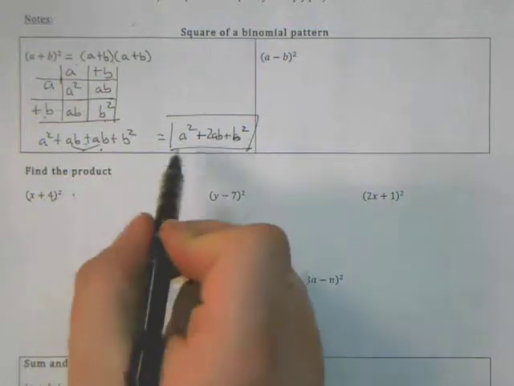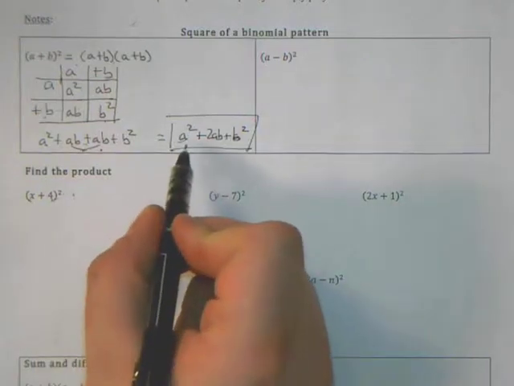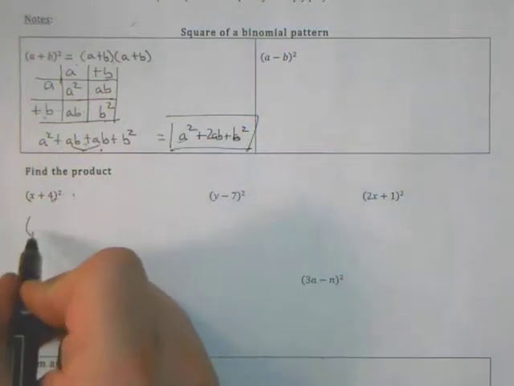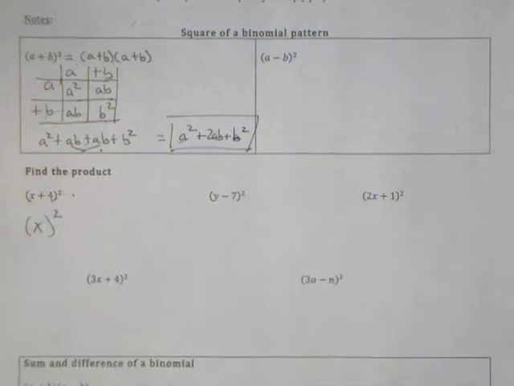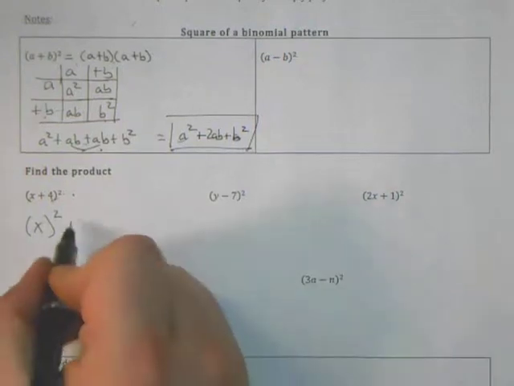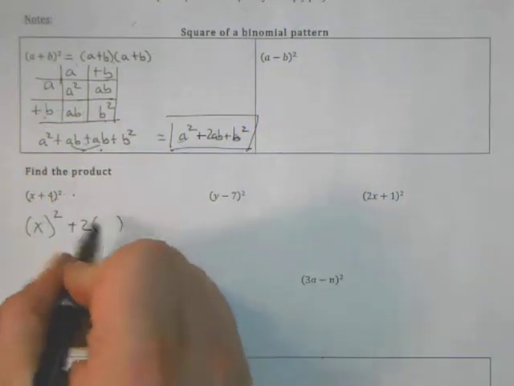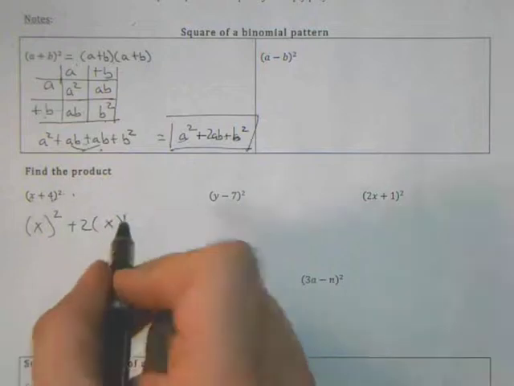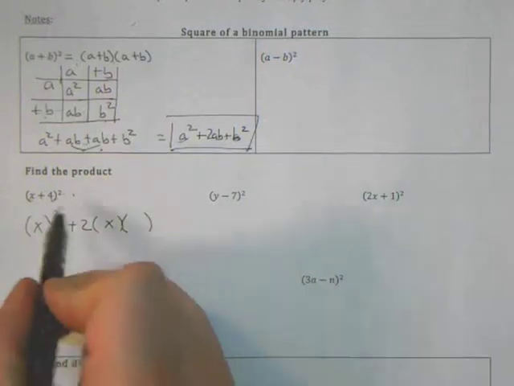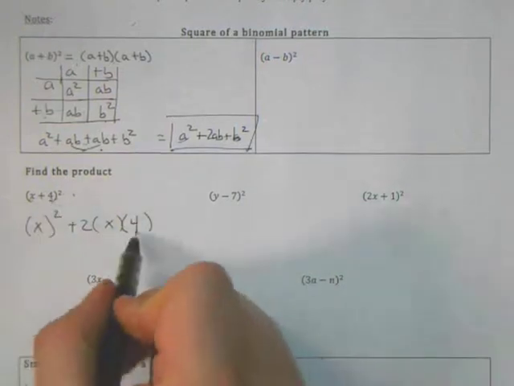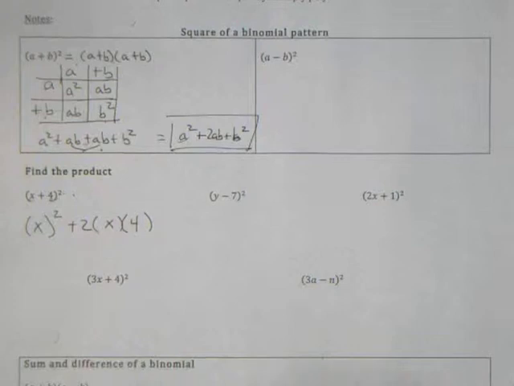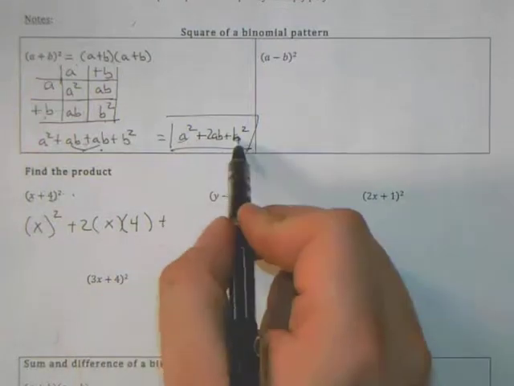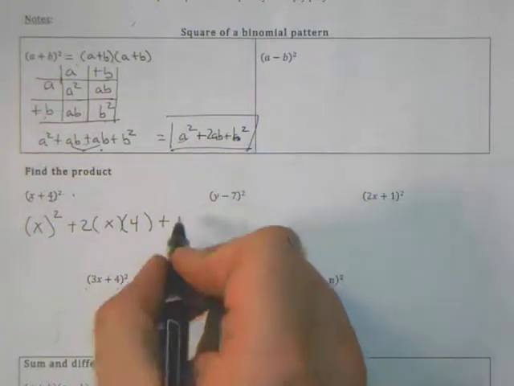So I could take the first term and square it, so x squared, plus twice the first term, which is still x, times the second term, which is 4. And I could add on my last term, or my b squared.